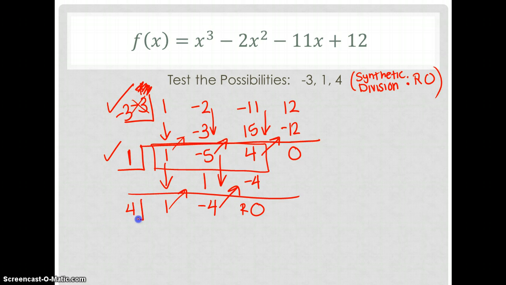And now we need to test our last root, 4. So do synthetic division on what's left. Bring down the 1, multiply, and the problem gets easier and easier, our remainder again is 0. So this is how we verify, using that factor theorem, that you actually have roots.